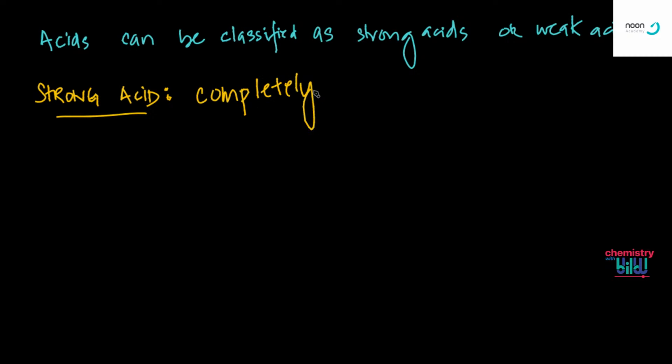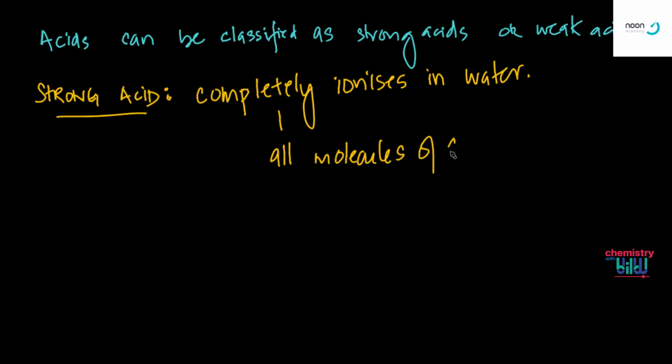What does it mean to completely ionize? That means they break up into ions. So all molecules of the acid break up into ions.